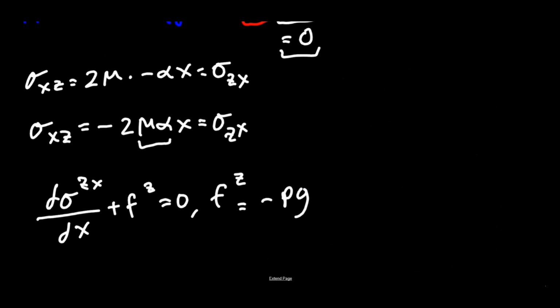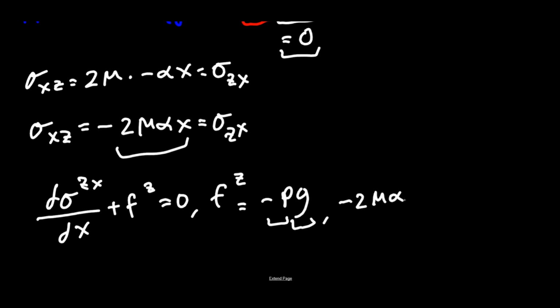So our rho is our density and g is our gravity constant. If we just simply plug in what we have, this is going to be the derivative with respect to x of our result from earlier. So that'll be this. Okay, so the derivative of that is going to be equal to -2 mu alpha.